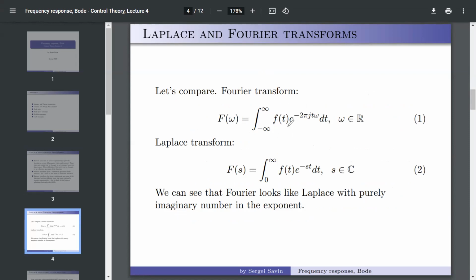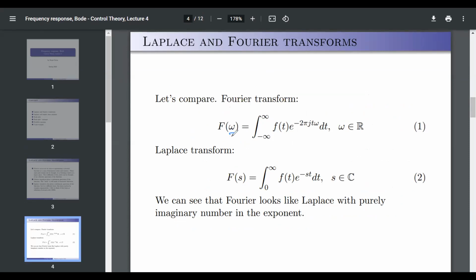So here is the Fourier transform. Notice the variable for the Fourier transform is a real variable, a real number. Notice the variable for the Laplace transform is a complex number. However, the kernel of the transform is surprisingly similar. The difference is that this kernel is purely imaginary.